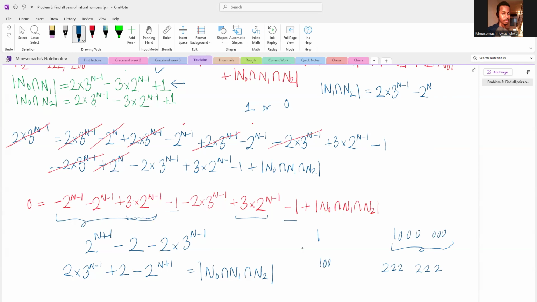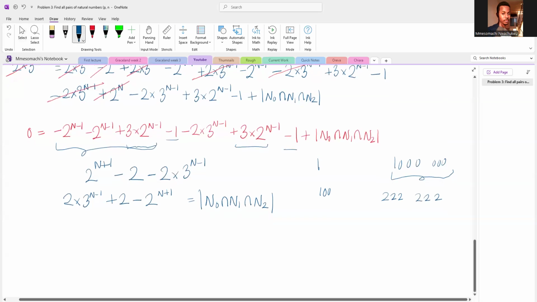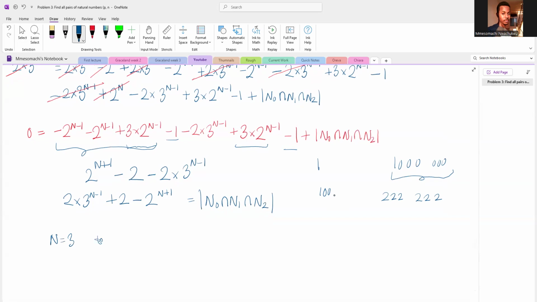So basically, to solve this, we're going to sum this from n equals 3 to n equals 6. So let's sum it up.